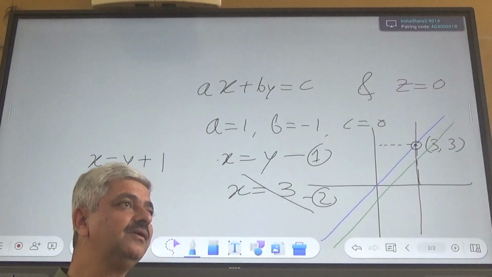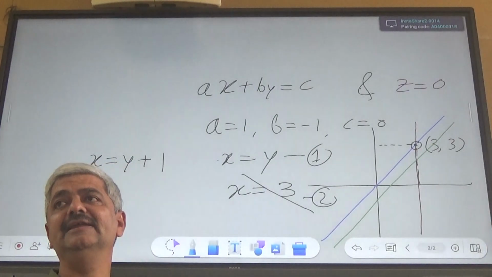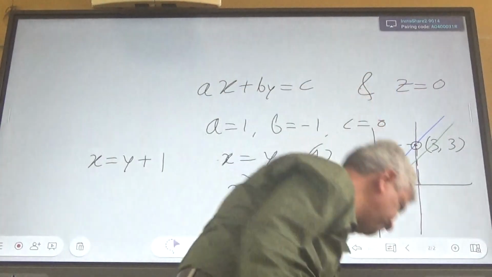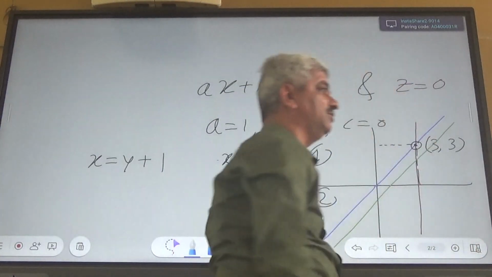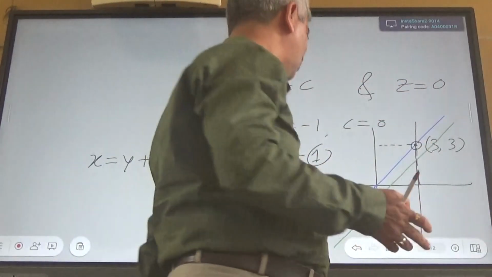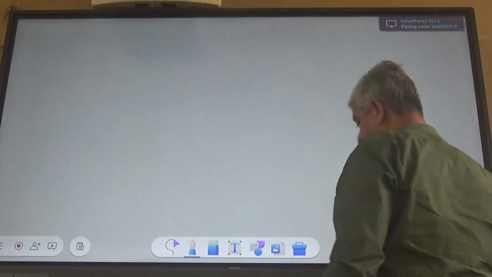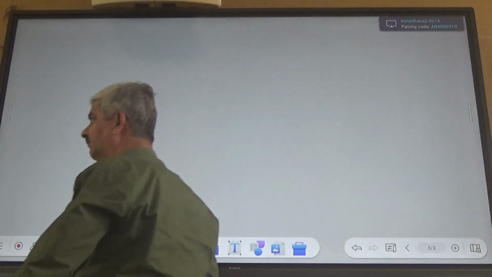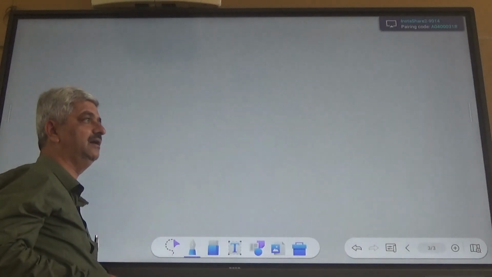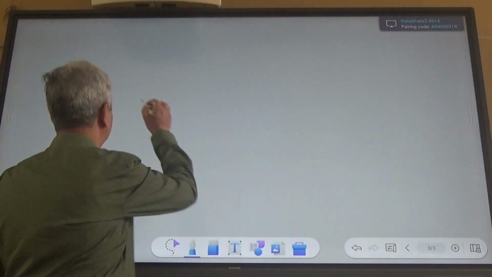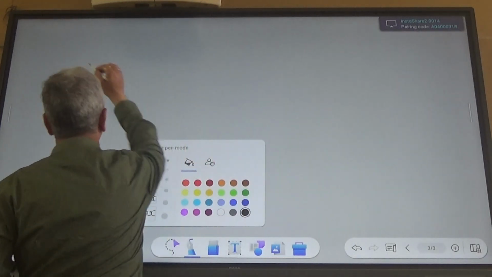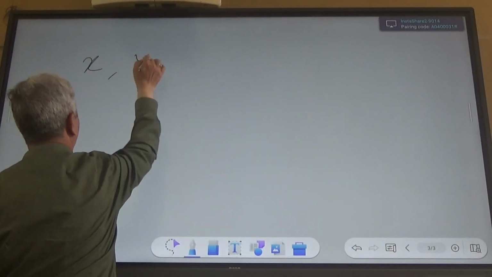Now, if we move to 3D, we remove the condition of z equal to 0. The moment we remove the condition of z equal to 0, what will I get? I will get 3 variables: x, y and z.